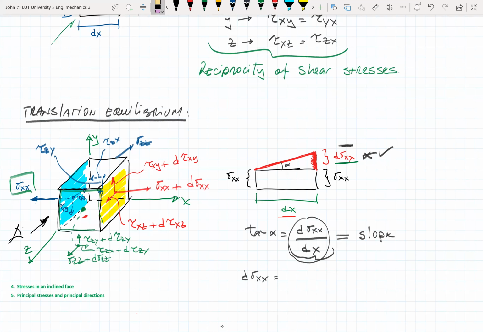Sorry, I need to change this. As this magnitude can change also, meaning that this term here can change in terms of x or y or z, I need to represent this as a partial derivative.